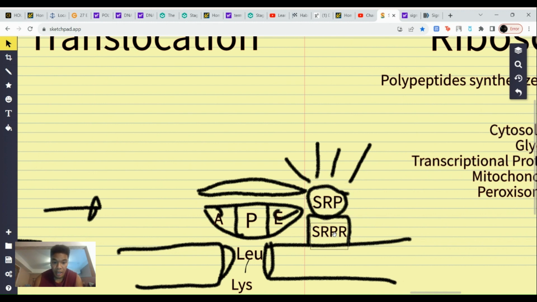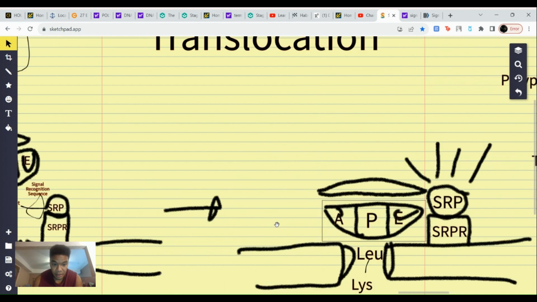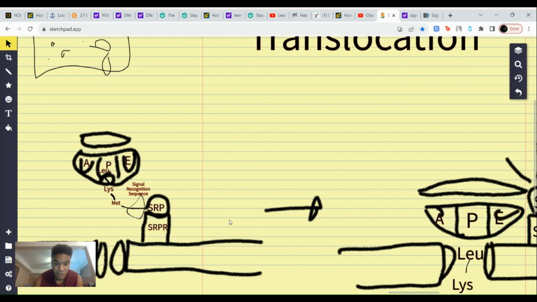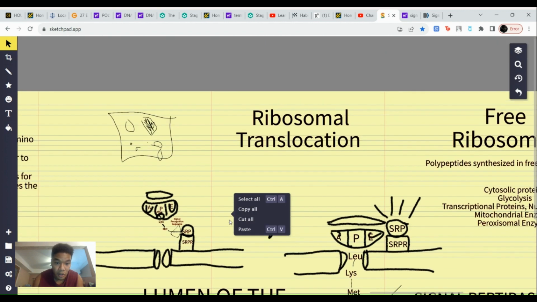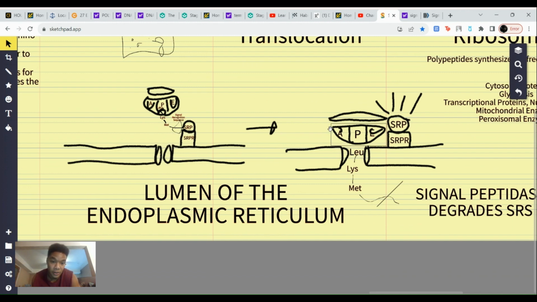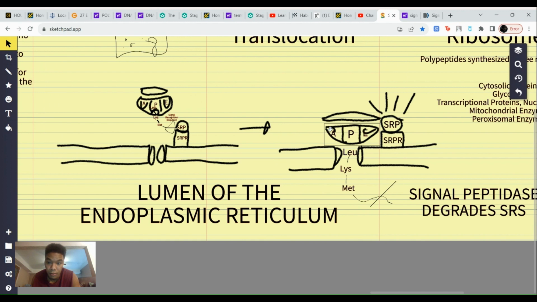After it binds, this transmembrane channel, which is opening to the lumen of the ER, is going to open. And because of the signal recognition sequence, the signal recognition particle, and the receptor, it's going to line up in such a way that allows the translated polypeptide into the lumen of the endoplasmic reticulum.